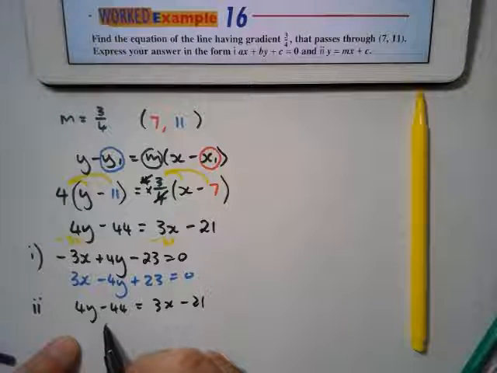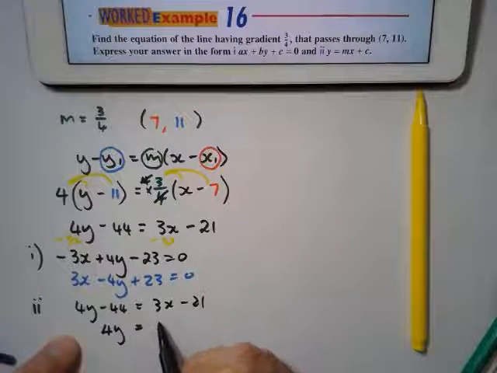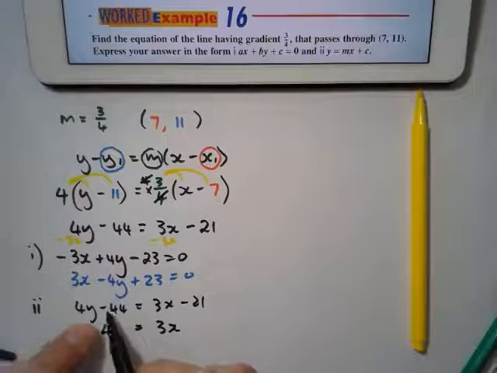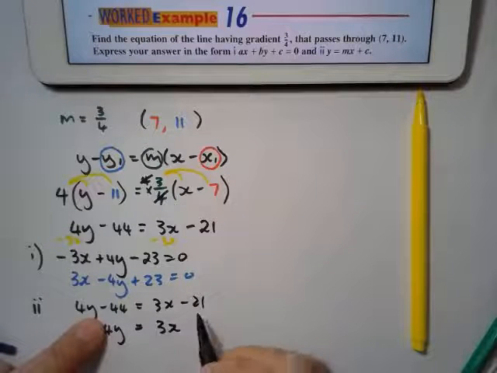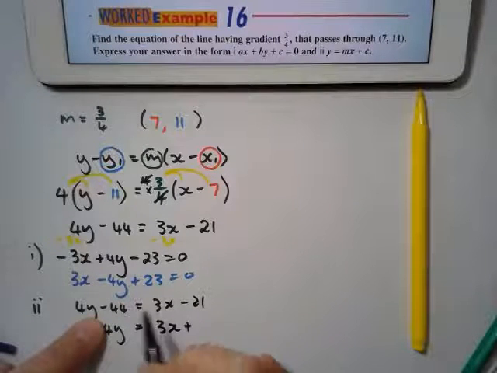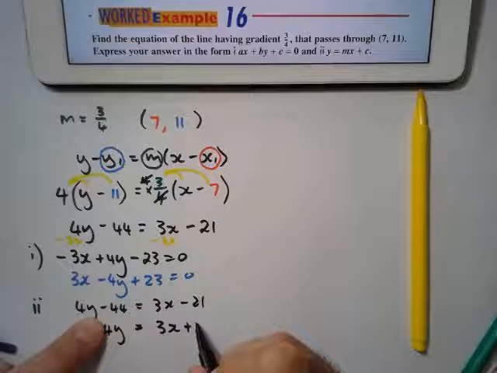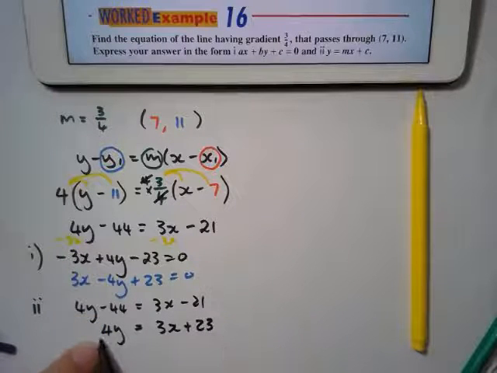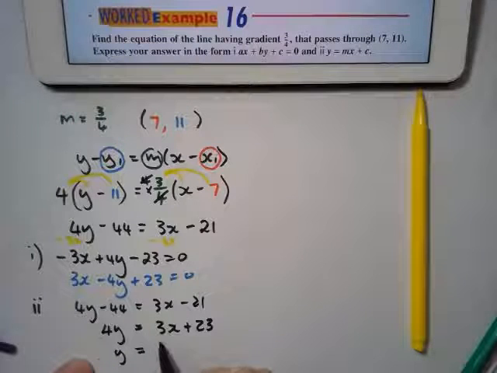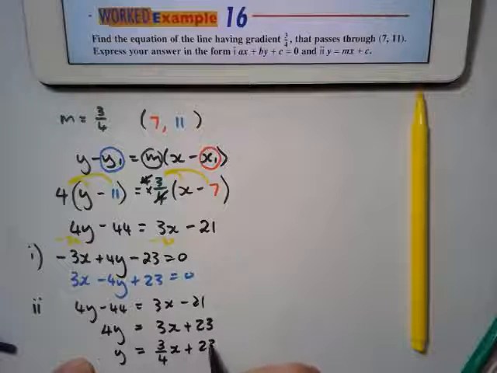I can still have 4y on this side. It's going to be 3x minus 21, add 44, so that becomes plus 44 take away 21 is 23. And now I'm going to divide everything by 4. So y equals, if I divide everything by 4, 3 over 4 x plus 23 over 4.